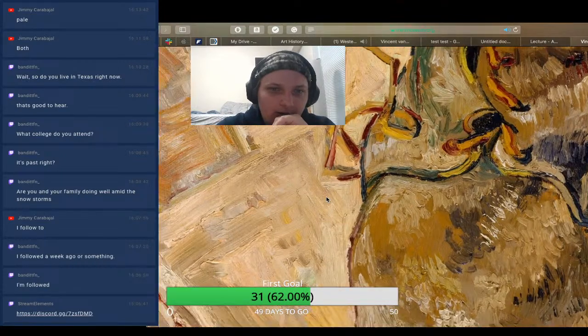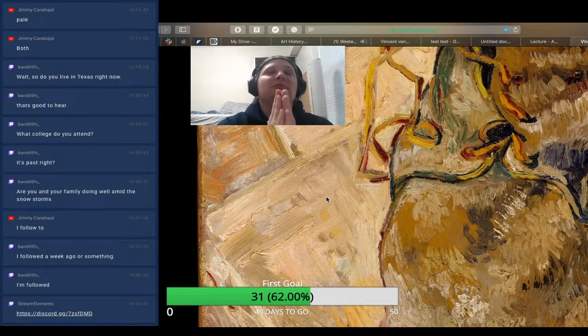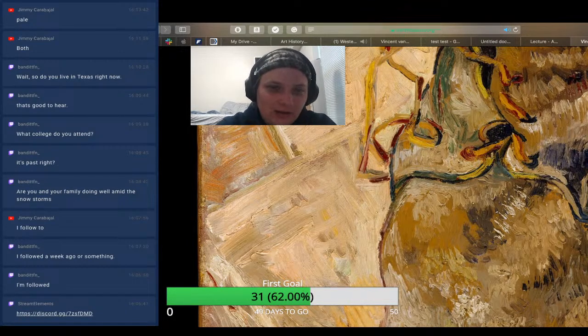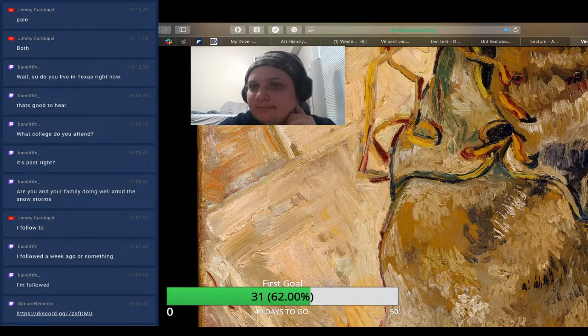If you put this color on a human or on a painting to represent a human, you would probably say that is a skin-toned type of color. So I think pale actually works pretty good.